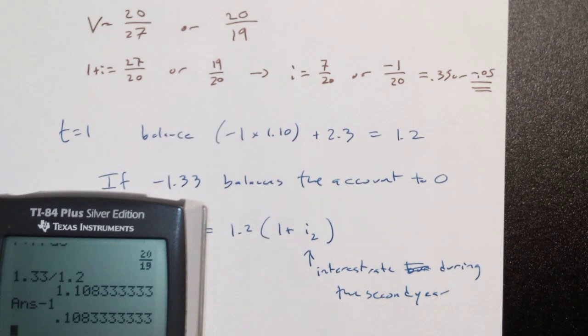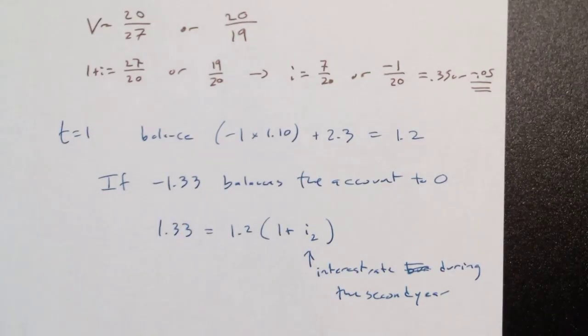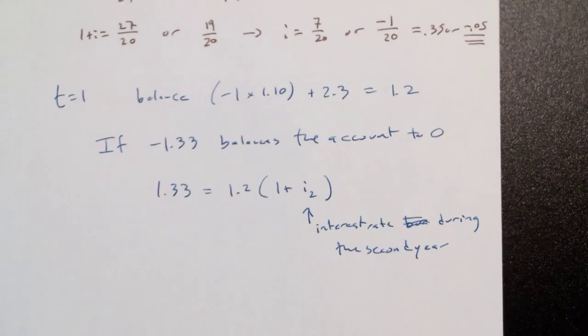Because the question stated that balances earned 10% per period, both in and out. And if that's not going to work, if this were to clear the balance, I would have to get a different interest rate, 11%.